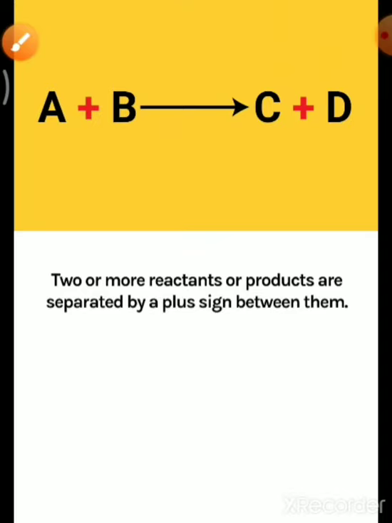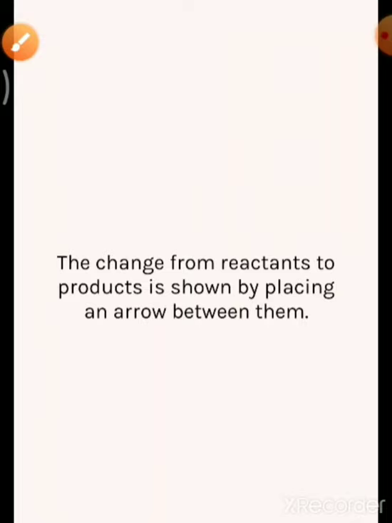Two or more reactants or products are separated by a plus sign between them. The change from reactants to products is shown by placing an arrow between them.